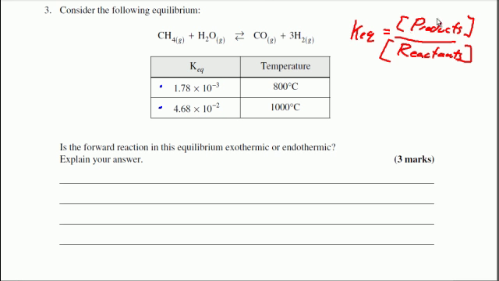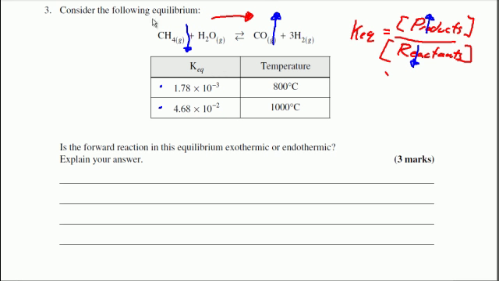When we increase the temperature, the concentration of the products increased and the concentration of the reactants must have decreased. So in other words, what has happened is that it seems like this reaction shifted towards the product side, shifted to the right.